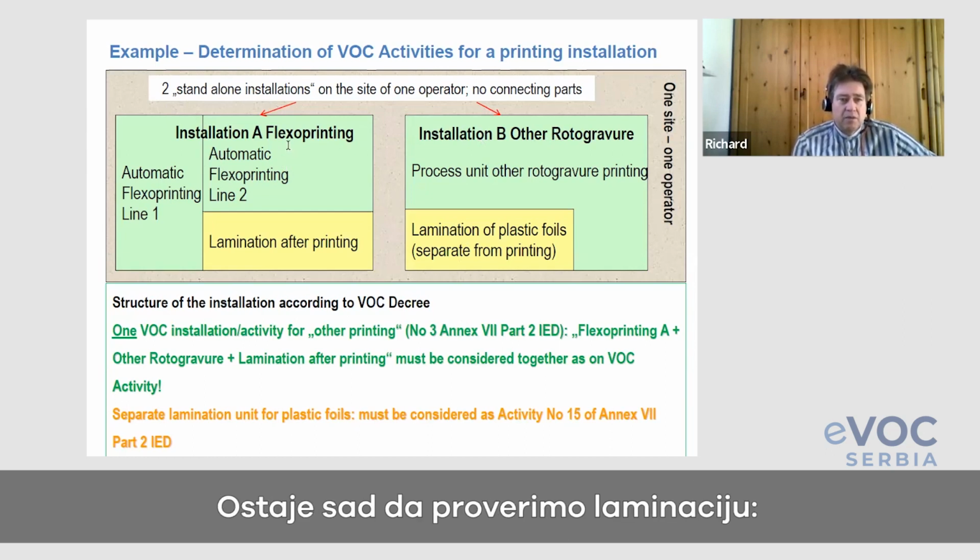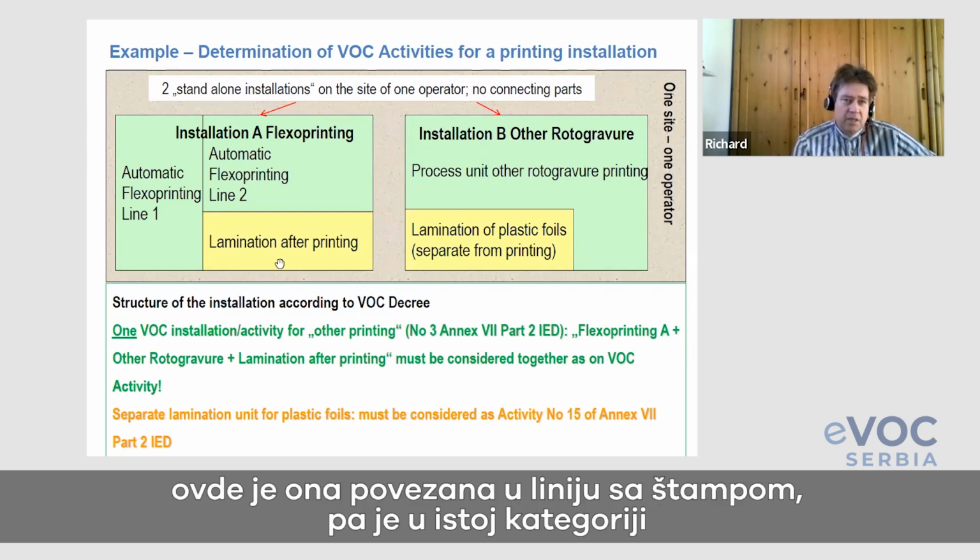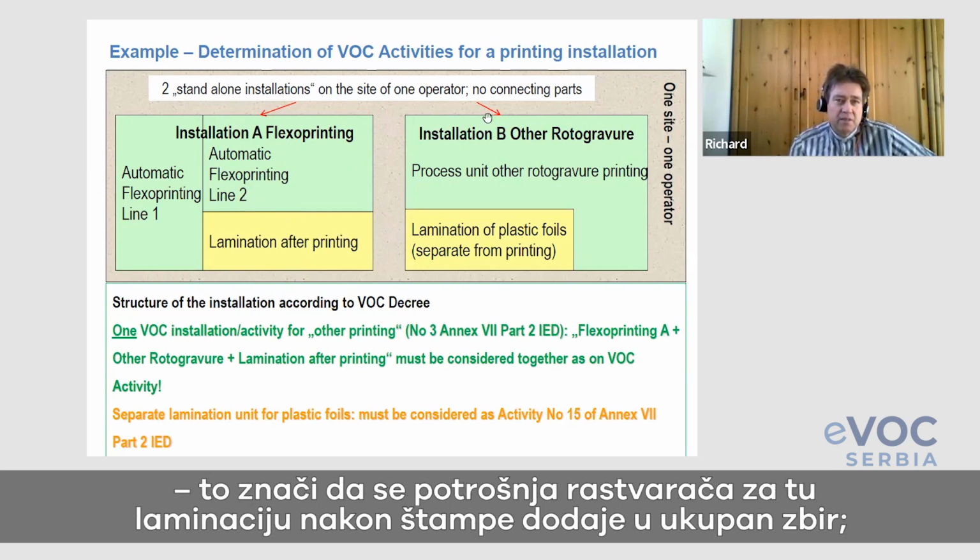And now we must check the lamination. Here it's associated because it's just in line after printing. So it is in the same category. So we must take into account the solvent consumption of that lamination after printing too.